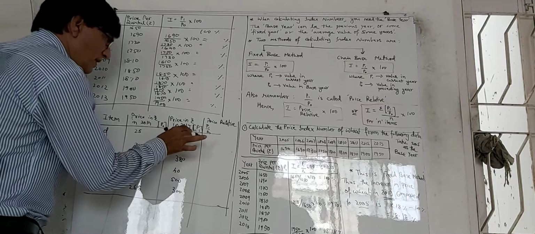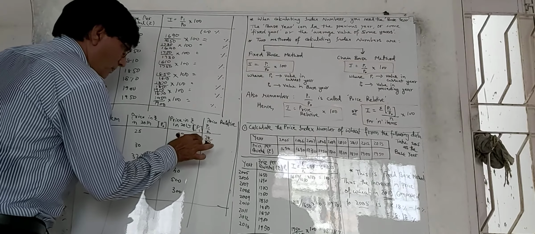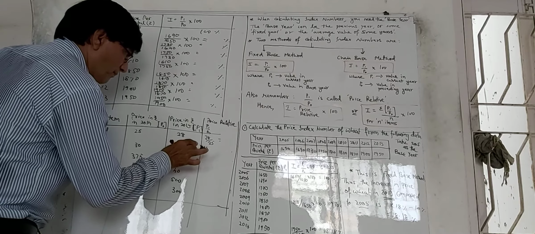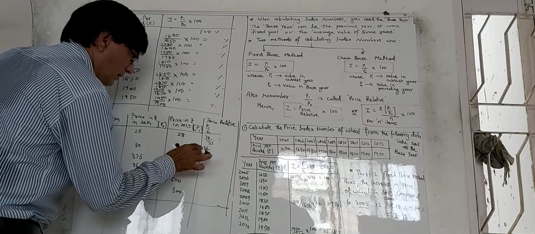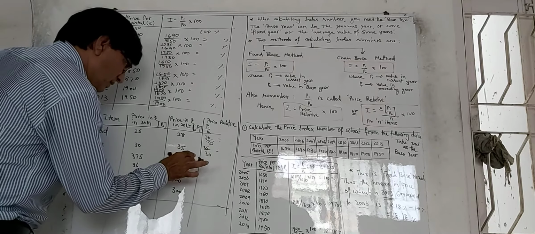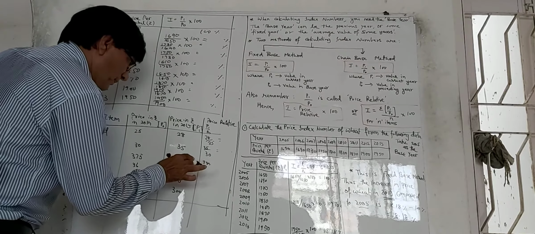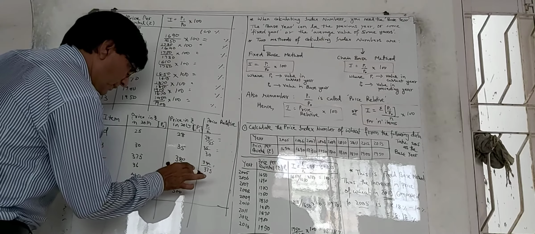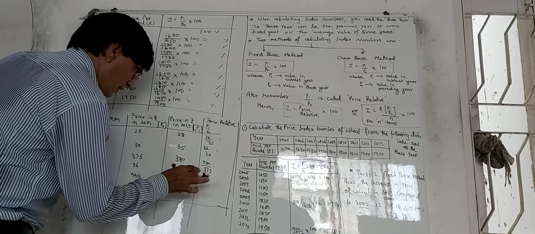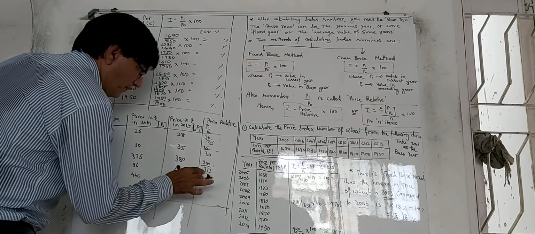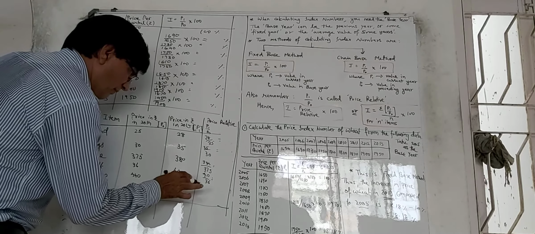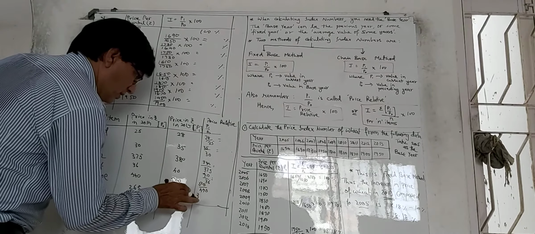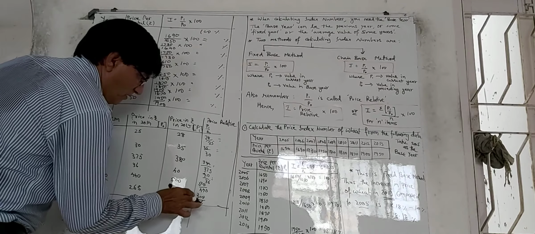So P1 is 28 upon 25 is equal to how much? 35 upon 30 is equal to, then 380 upon 375, then 40 upon 36, and 500 upon 440, and finally 300 upon 265.